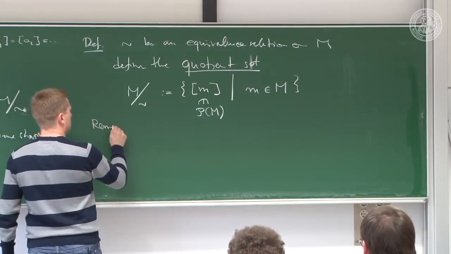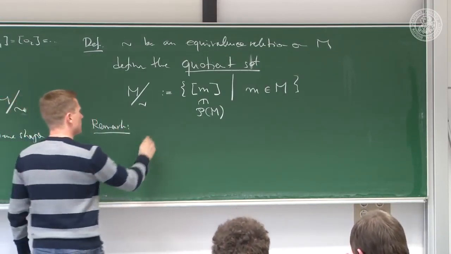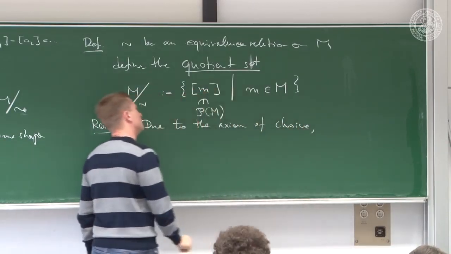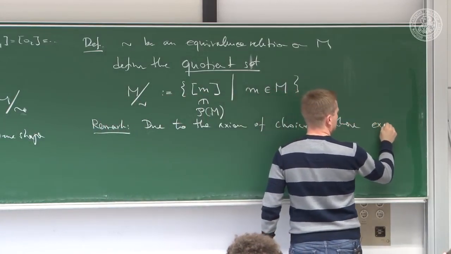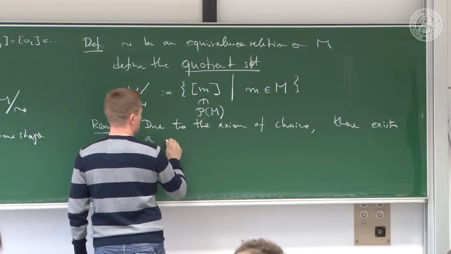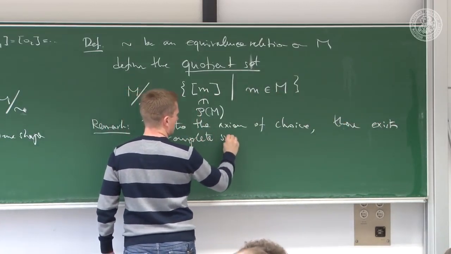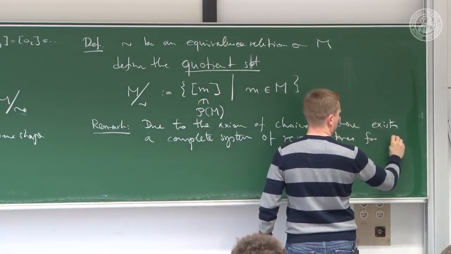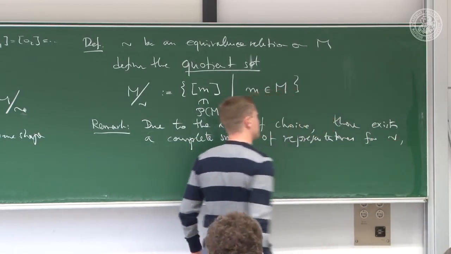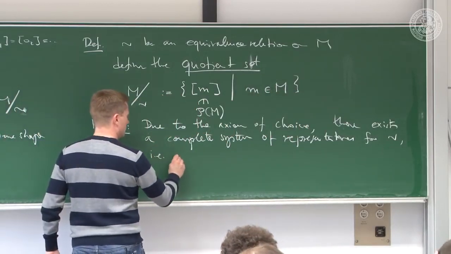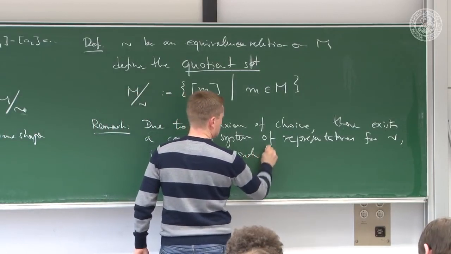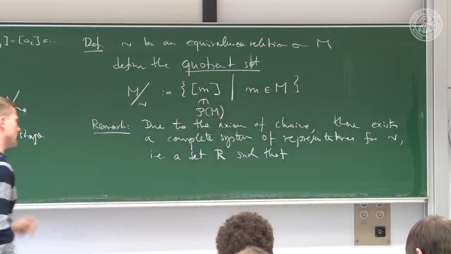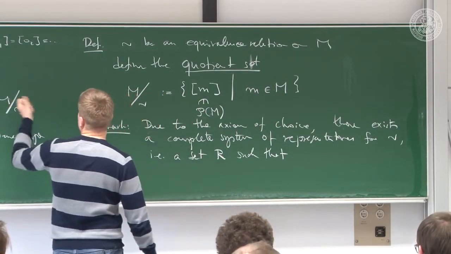So now, a remark. Due to the axiom of choice, there exists a complete system of representatives for the equivalence classes of this equivalence relation, that is, a set R such that there is a one-to-one correspondence, a bijection, between the elements of R and the quotient set.